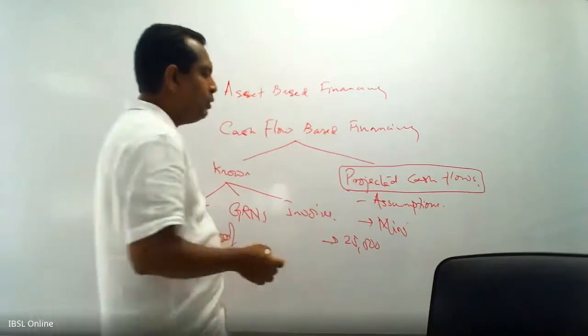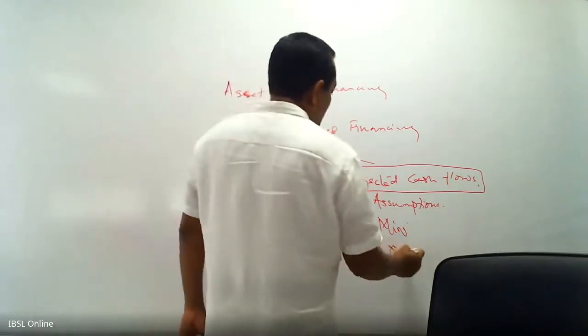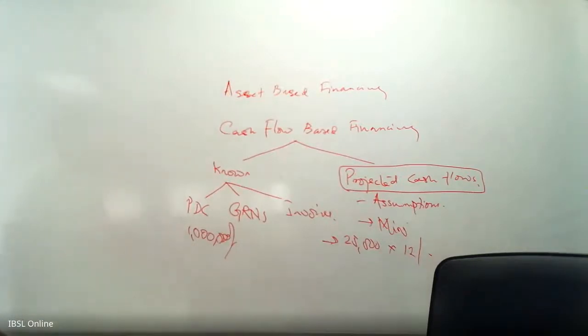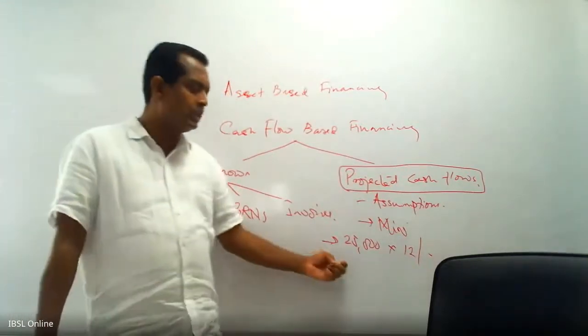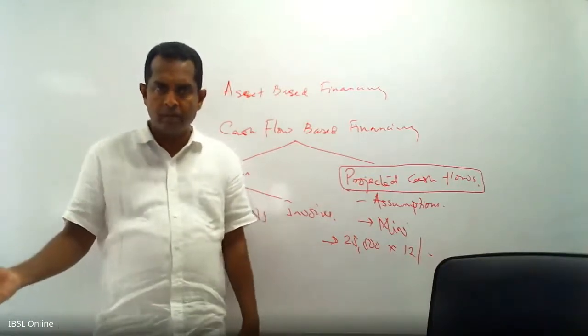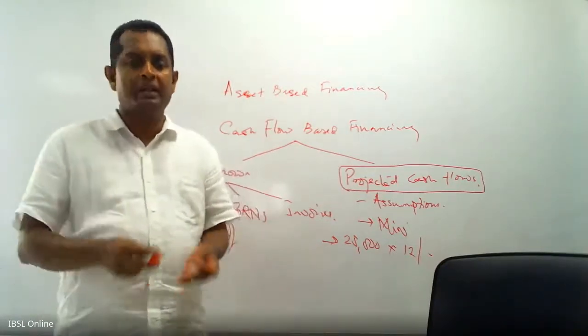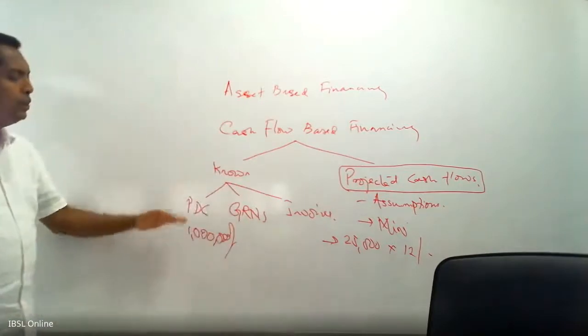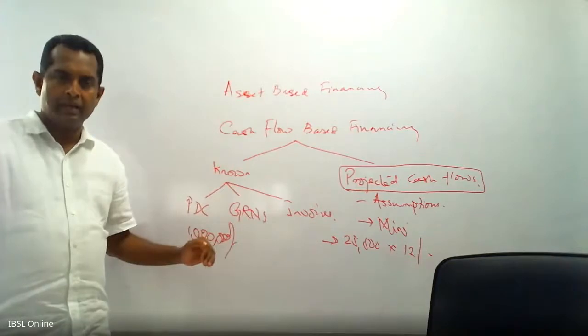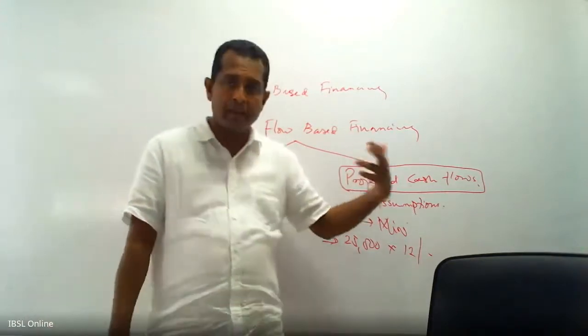Government is ready to purchase that at 12 rupees a unit. Right? So we know what is the projected income. We can project the cost. All these are projected. Here we know for a fact we will get this money. But this is if it rains.